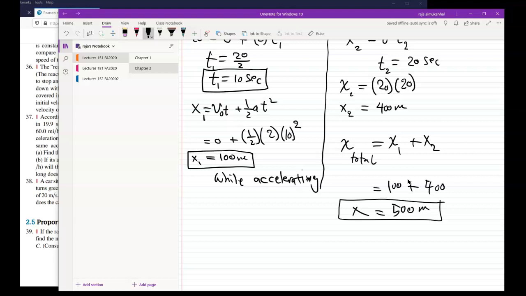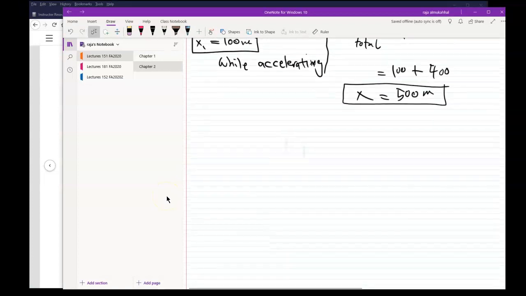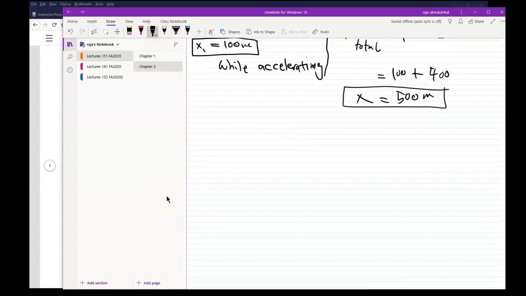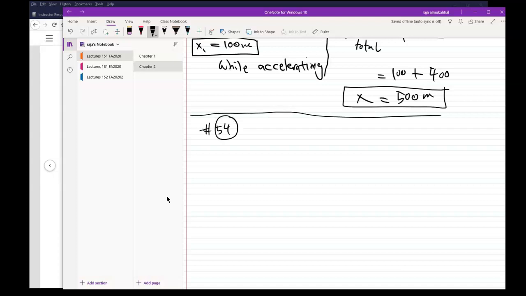Let me do number 54. This problem requires a little bit of a higher algebra. Let's look at the problem first.